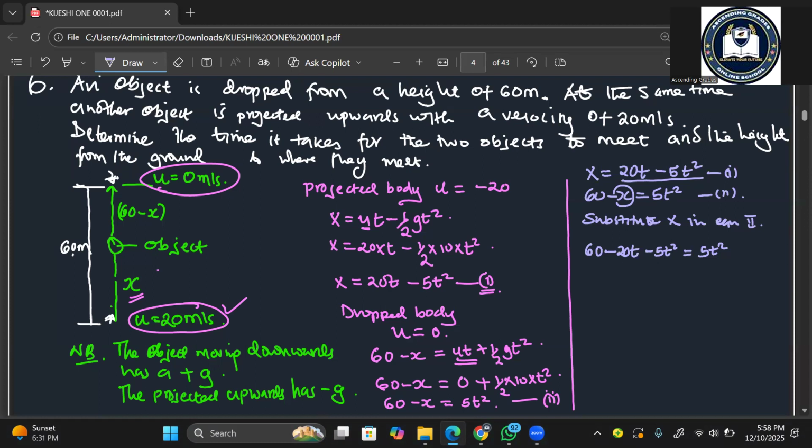From the opening here, there's something that I skipped. We had a negative value here. So it now becomes 60 minus 20t plus 5t squared is equal to 5t squared. If it goes this way, it will be finished. So 60 is equal to 20t and my t becomes 60 over 20. You get 3 seconds.